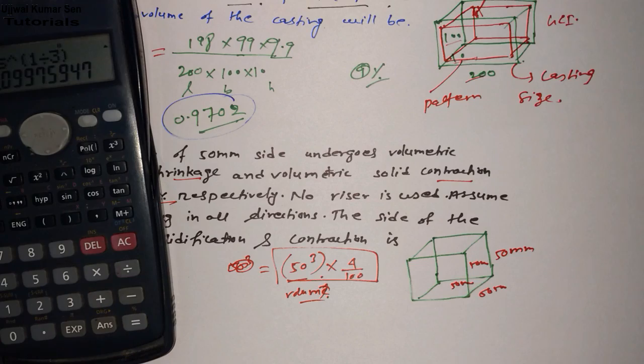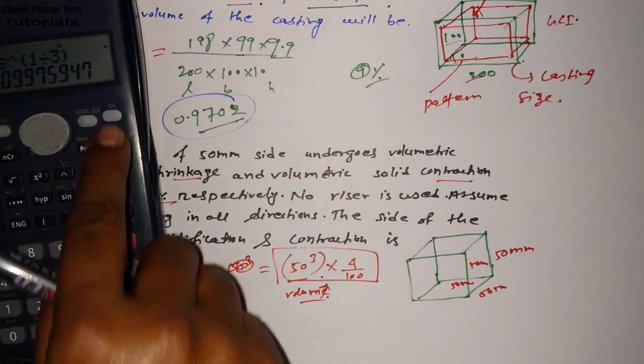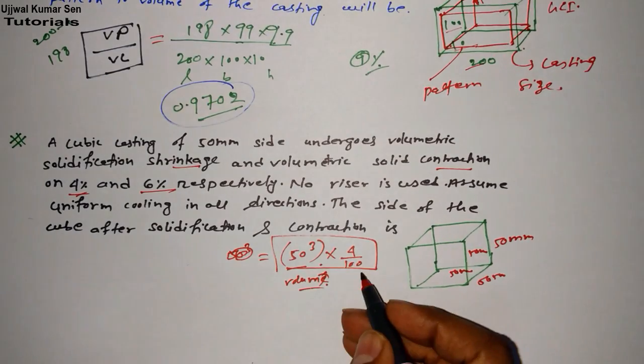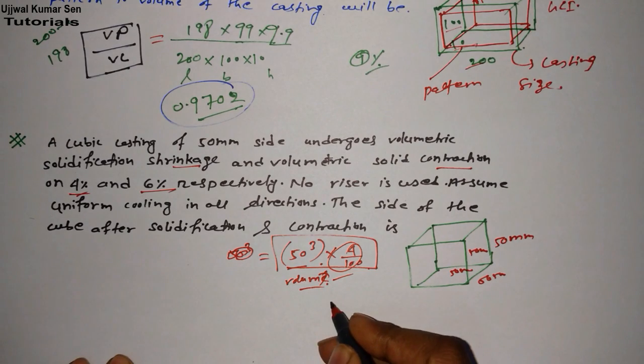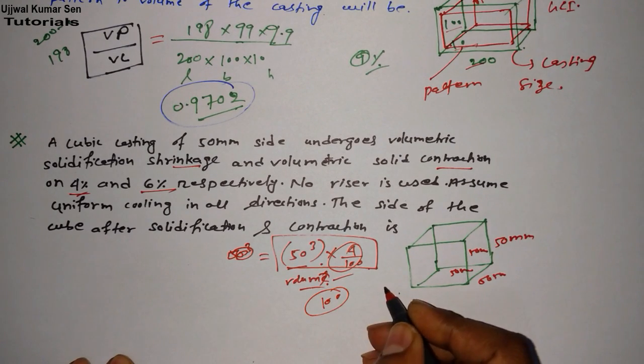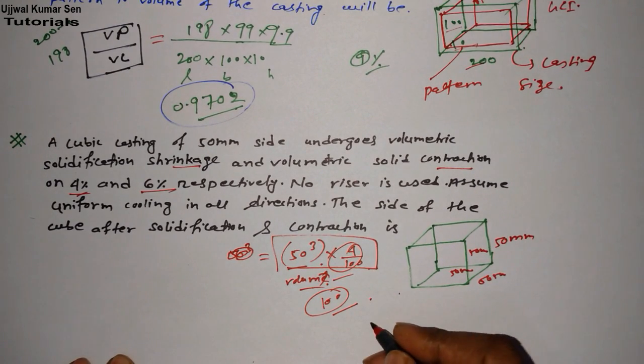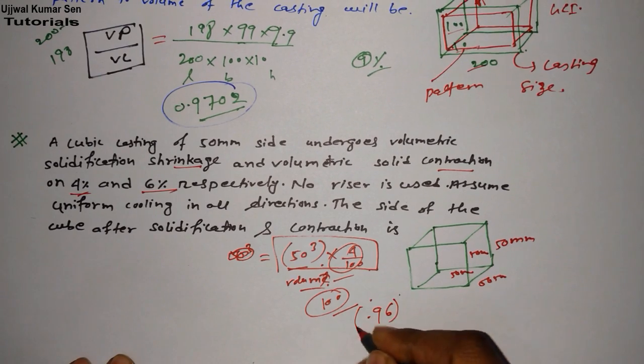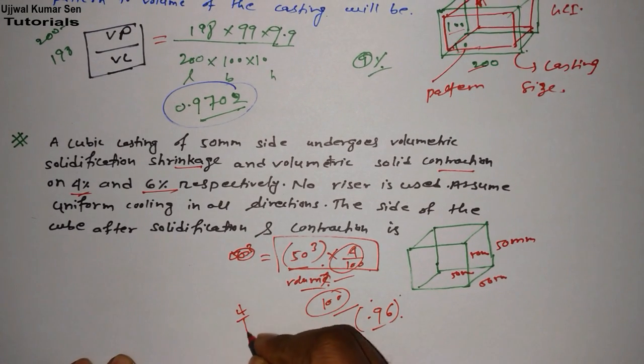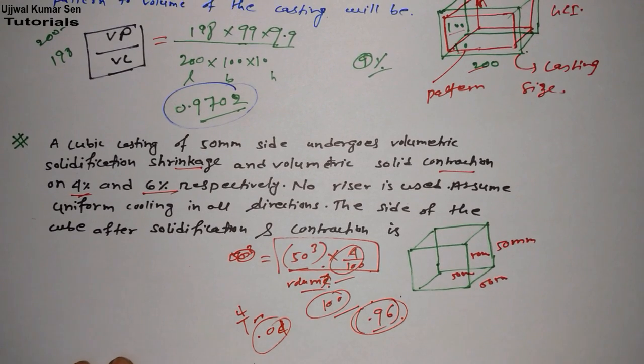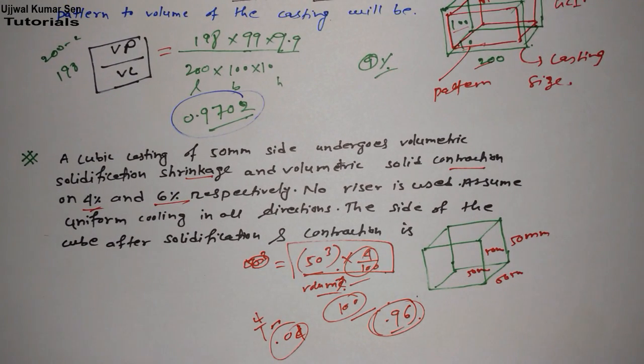Probably 4% is there. What we got here is basically 4% shrinkage. So if 100% is there and there is 4% shrinkage taking place, that means what remains? 4 by 100 is equal to 0.04, so remaining is 0.96. So we can find out its side.